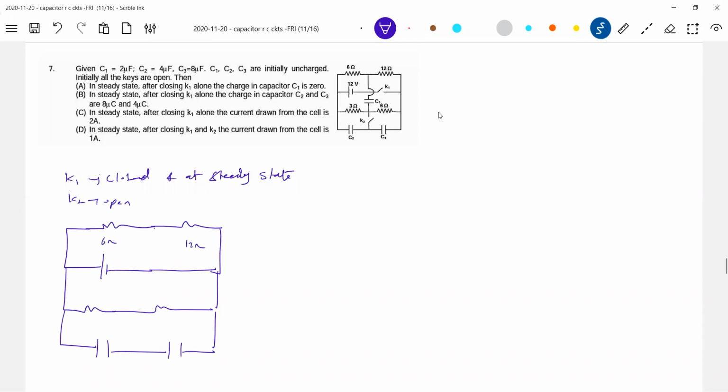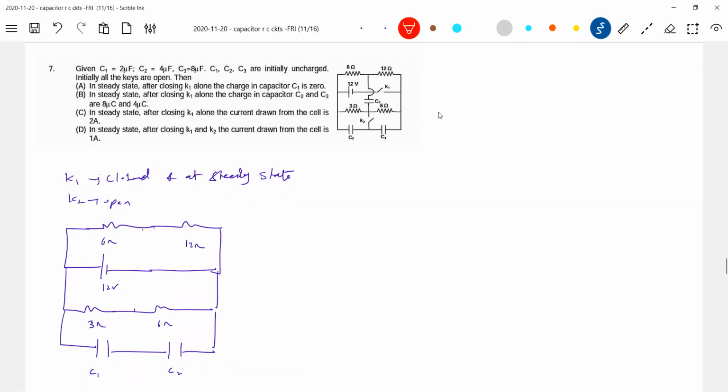6 ohm, 12 ohm, 12 volt, 3 ohm, 6 ohm. C1 is 2 farad. C1, C2. Look at the capacitor. There will be one capacitor that will be connected from this branch to this particular thing.